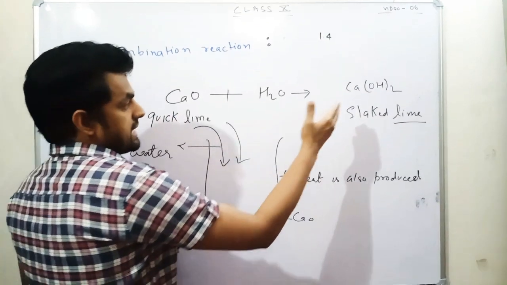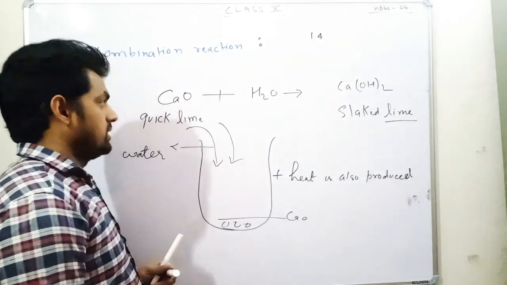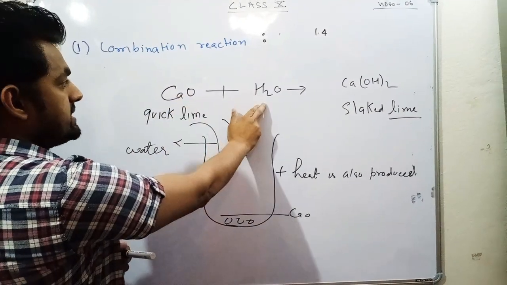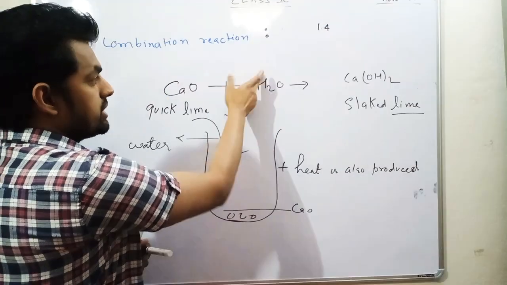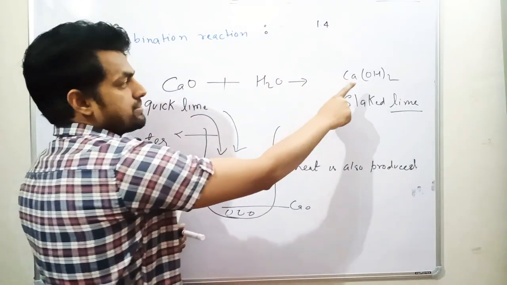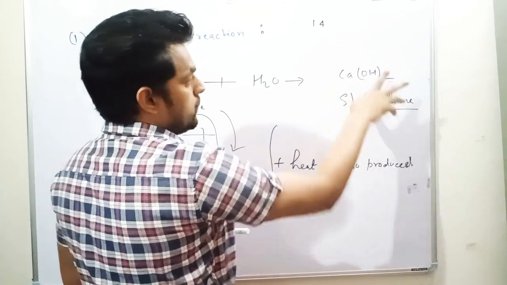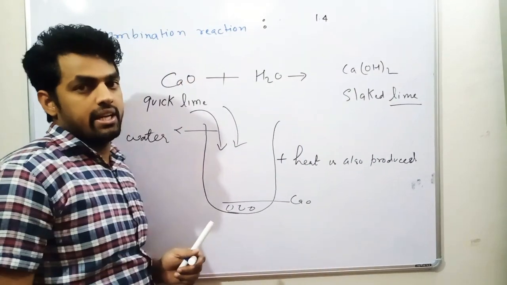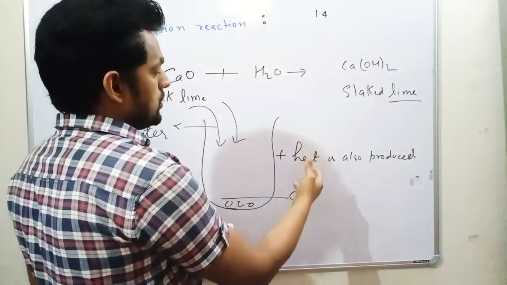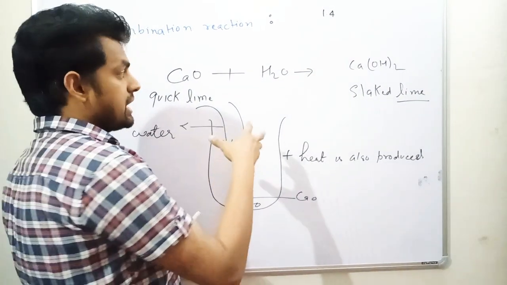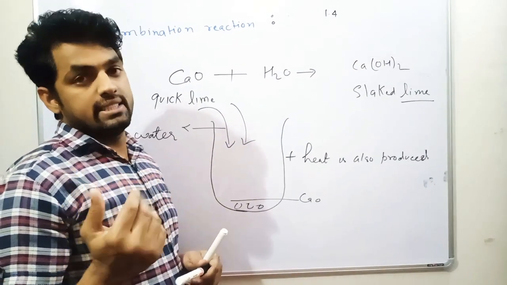Okay, that slaked lime is also produced. Here two reactants combined with each other forming a single substance, that is Ca(OH)2, calcium hydroxide, and with that heat is also produced. That activity is given in our NCERT book.